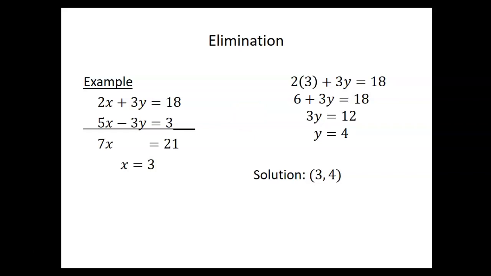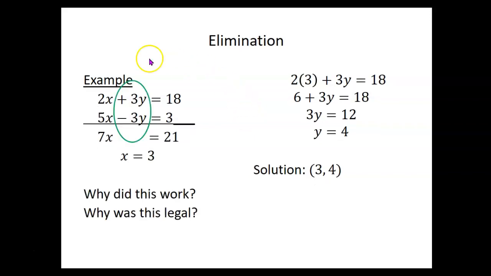So a couple questions about what went on here. First question you might have is, why did this work? And the second question you might have is, why was this legal? Why are we allowed to add equations together like this? Well, the answer to the first question, why did this work, is that notice in one equation we had a plus 3y, and in the other equation we had a minus 3y.